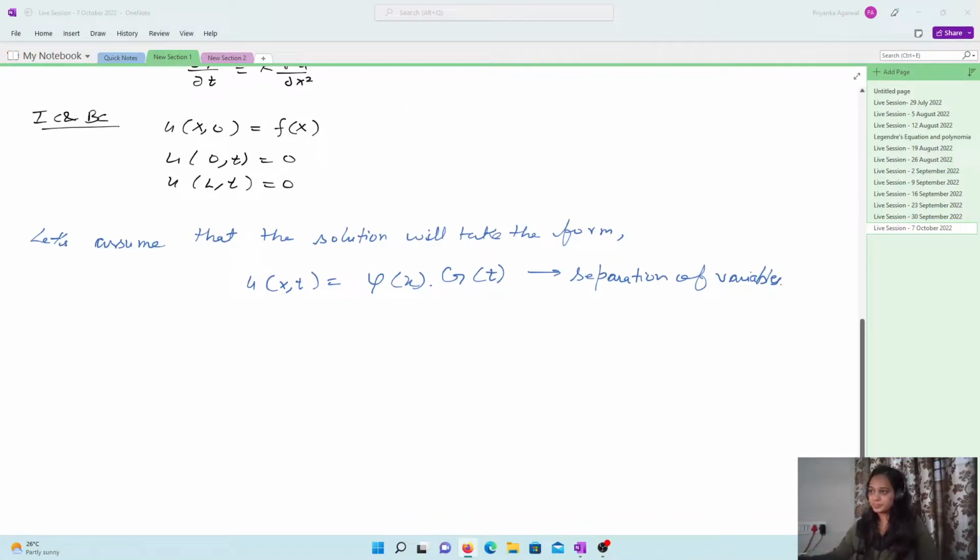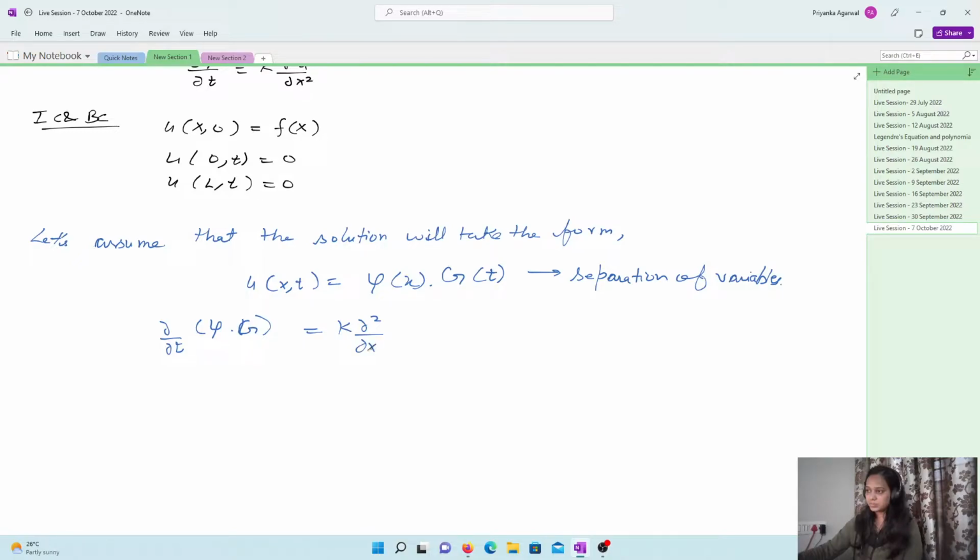So we have del by del t of u, where I'll drop x and t here, which is psi and g, equals k del square by del x square of psi into g.